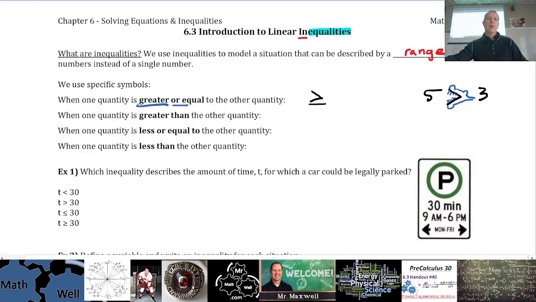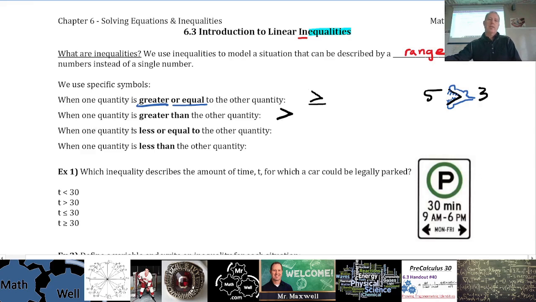Now, if it's "or equal," and I'll give you some examples in a minute, we show that equality is acceptable as well by putting one single line of the equal sign underneath. Again, this should be a little bit of review. When one quantity is greater than the other quantity, so not or equal to, we use this symbol right here, with no line underneath.